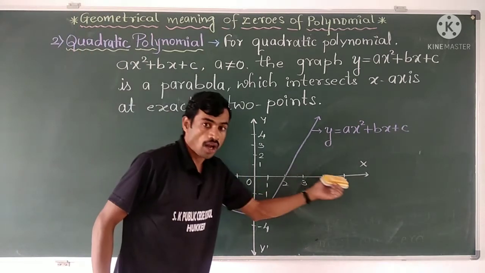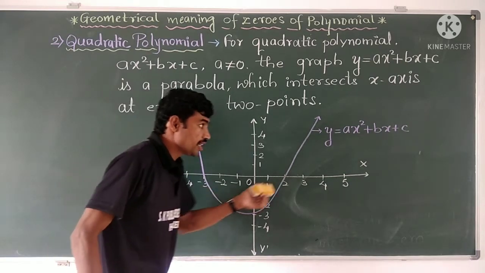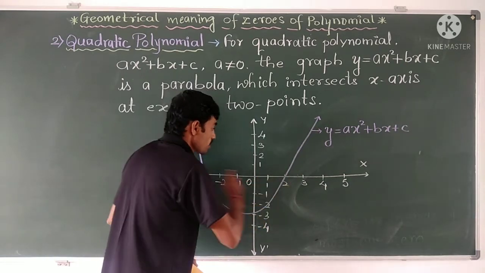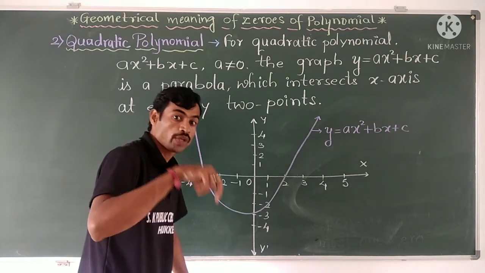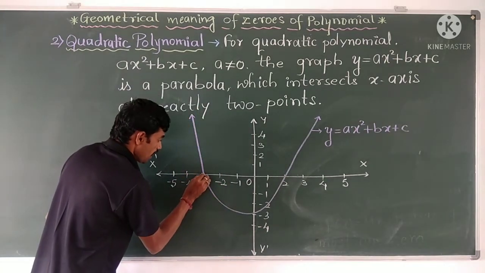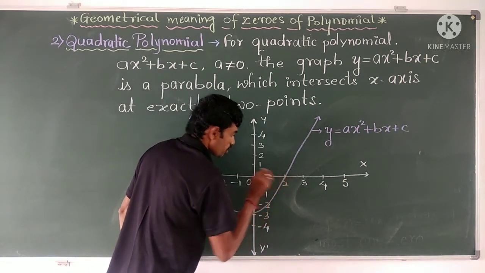Here in this graph the graph intersects the x-axis 2 times. At which points? One is at minus 3 and another one is at 2.